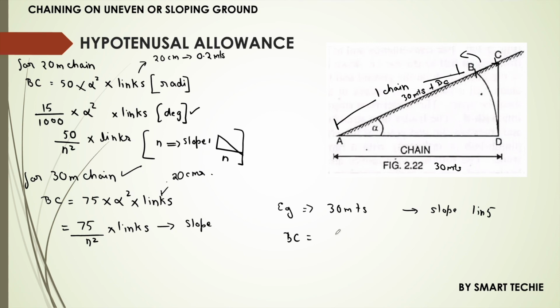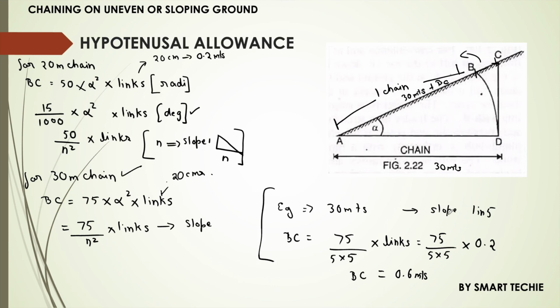It will be nothing but 75 upon n squared, that is 5 into 5, into the length, that is 75 upon 5 into 5 into 0.2. That will give me 0.6 meters as my BC distance, which is nothing but the hypotenusal allowance.